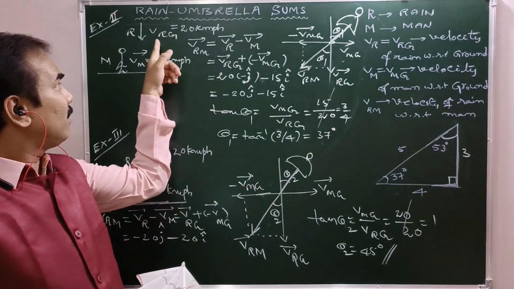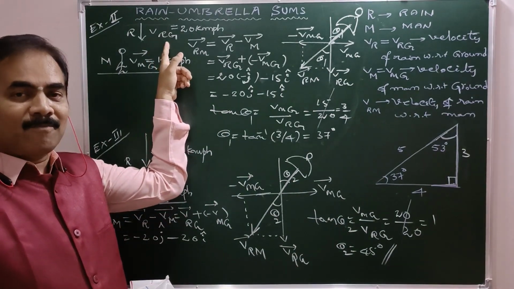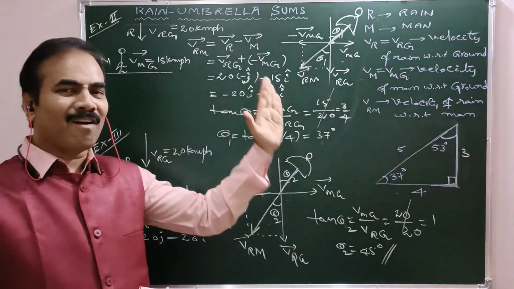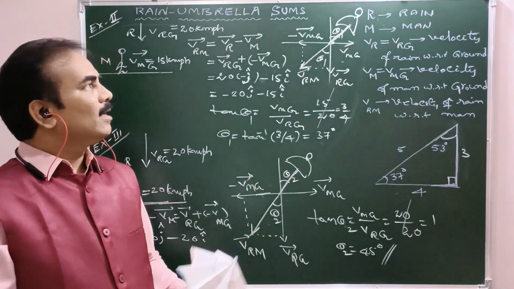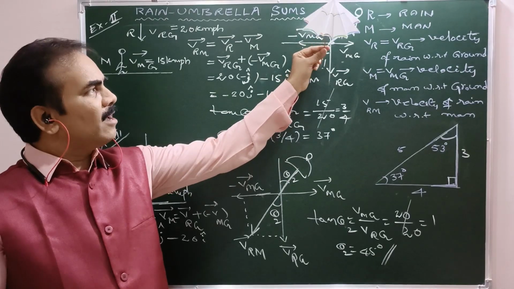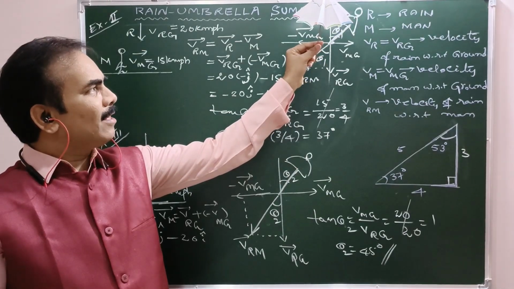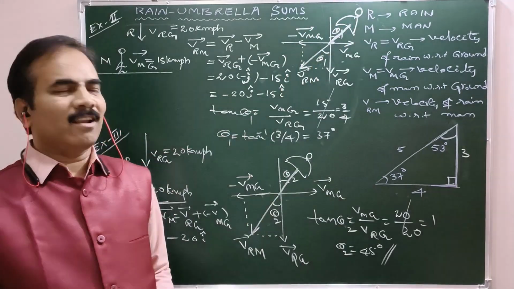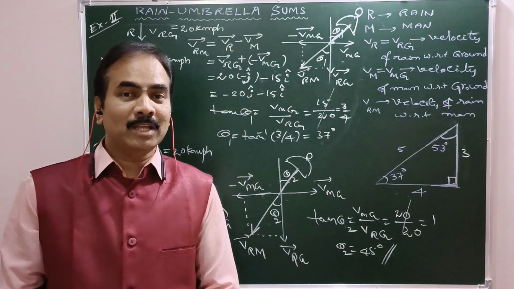See once again the same point. For a given vertical velocity of rain, if the velocity of man with respect to ground increases along horizontal, then the umbrella also is to be slanted further from the vertical, if he wants to keep the rain away.